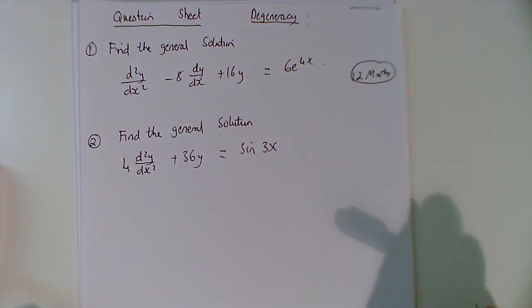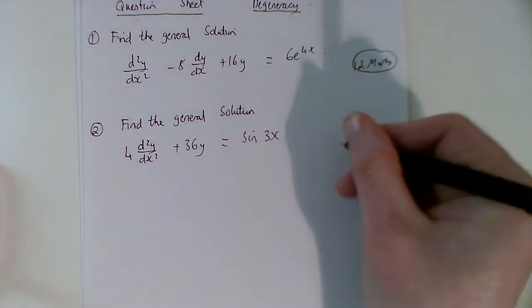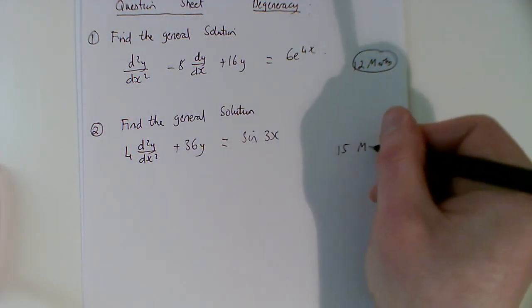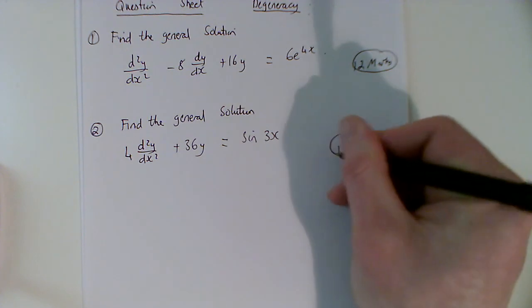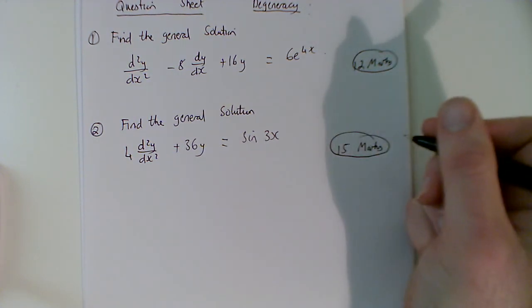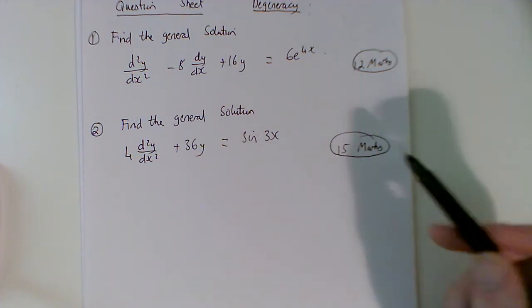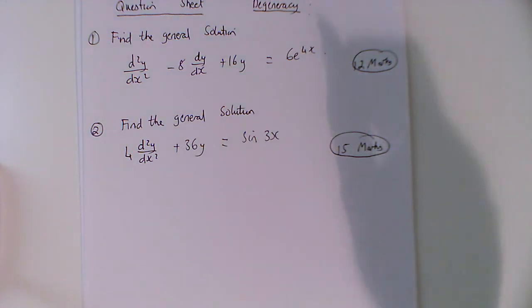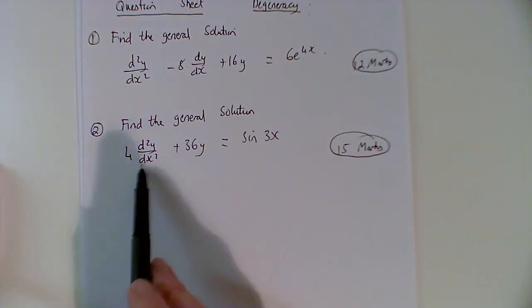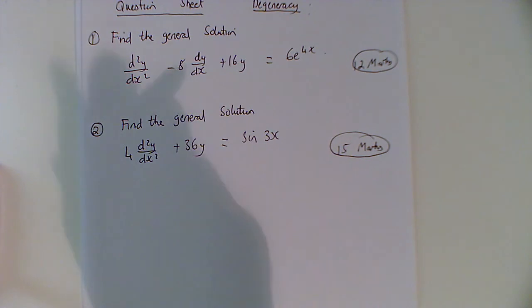Now, this one I would give 15 marks for. And I'm going to give you a clue with this one. You cannot factorise that. So you're going to have to use the quadratic formula and then see are the roots real or are the roots complex, and then deal with it from there.